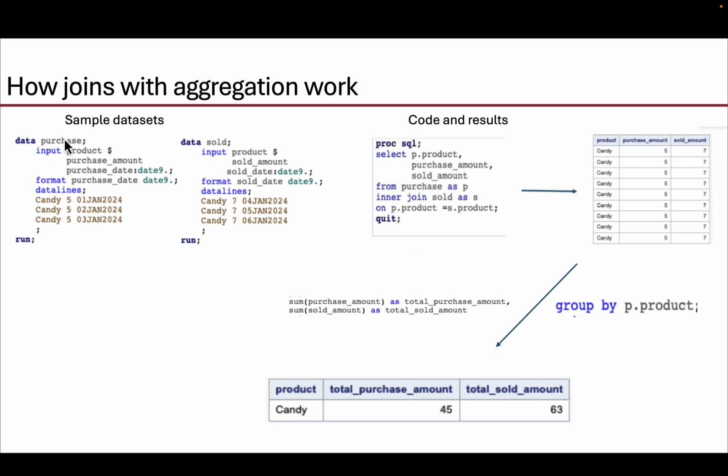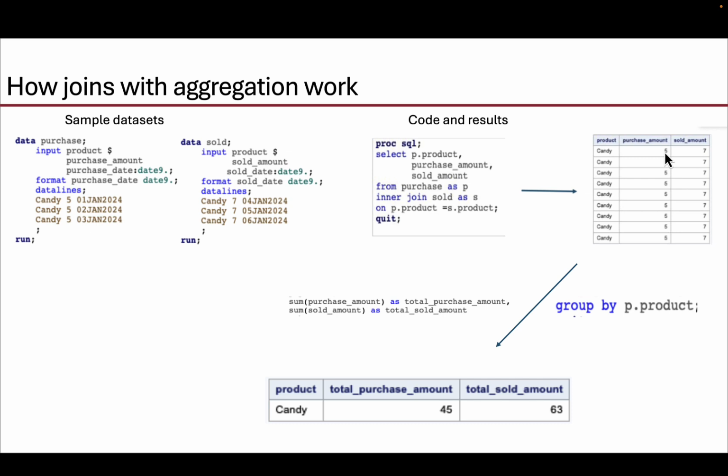That is, this data set and this data set are joined on the basis of product, and this is the result we get, because here we have three candies and here we have three candies. When we join, the one candy here matches with three, the second one also matches with the three candies here, and the third one also matches with the three of them. So we have a many to many join and we get 9 observations.